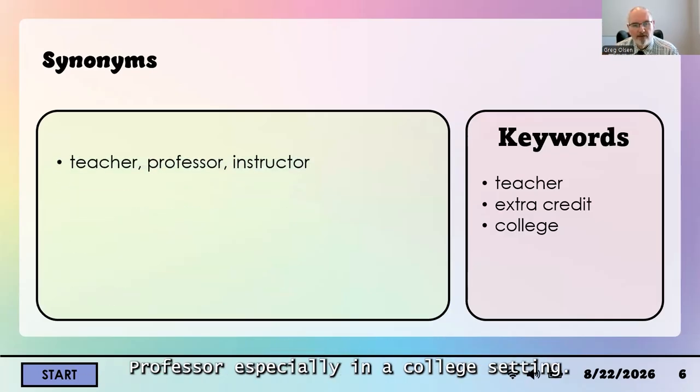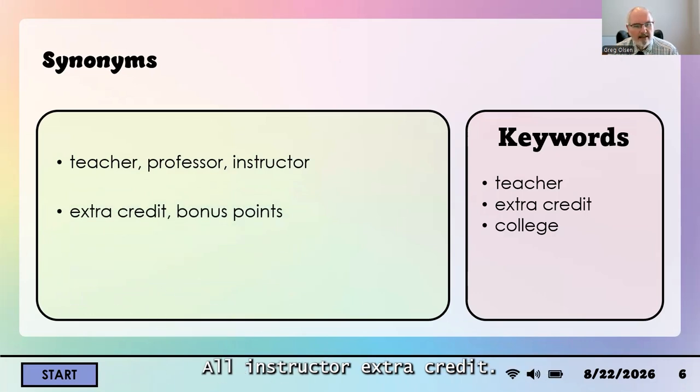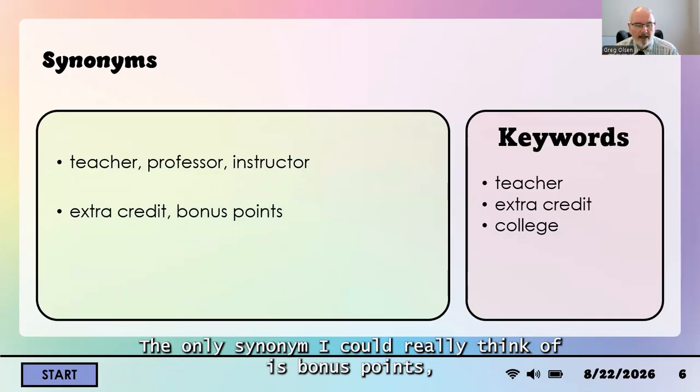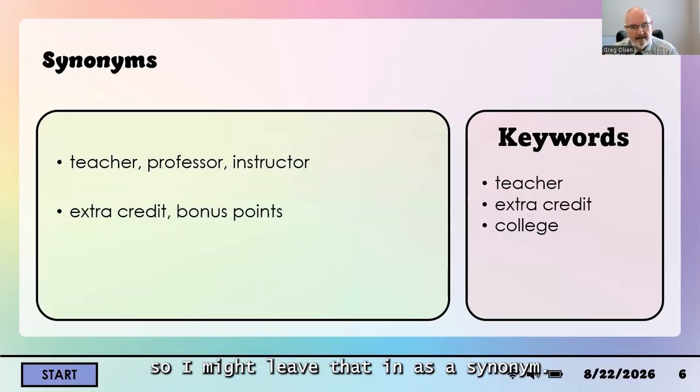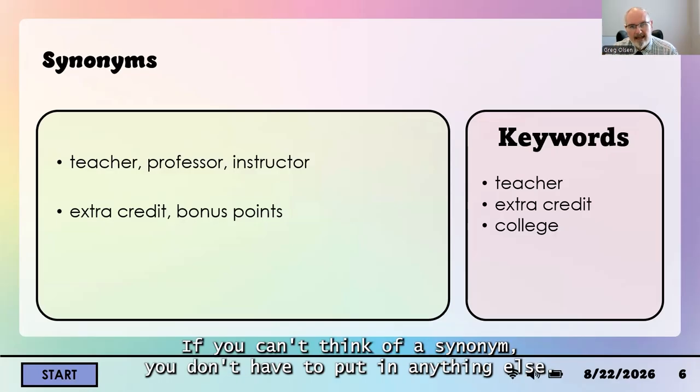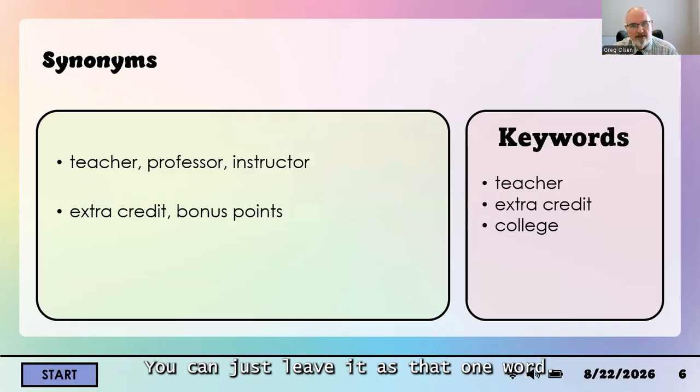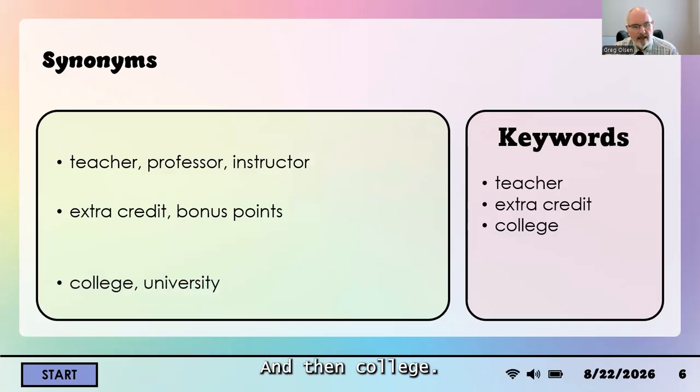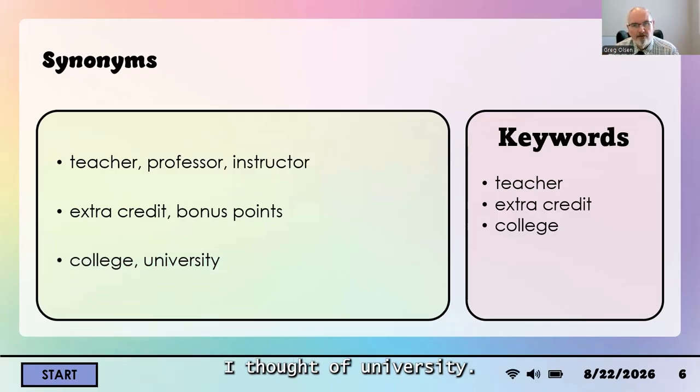We can look at professor, especially in a college setting, or instructor. Extra credit, the only synonym I could really think of is bonus points. So I might leave that in as a synonym. If you can't think of a synonym, you don't have to put in anything else. You can just leave it as that one word. And then college, I thought of university, if I want to cover both of those.